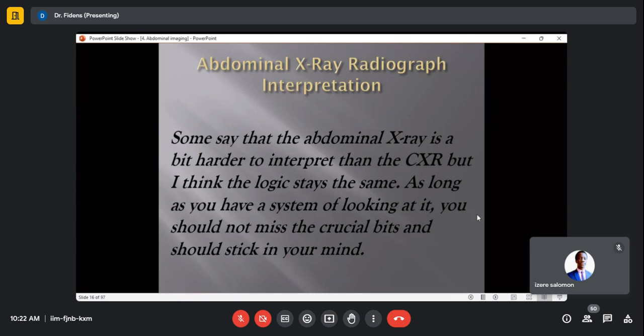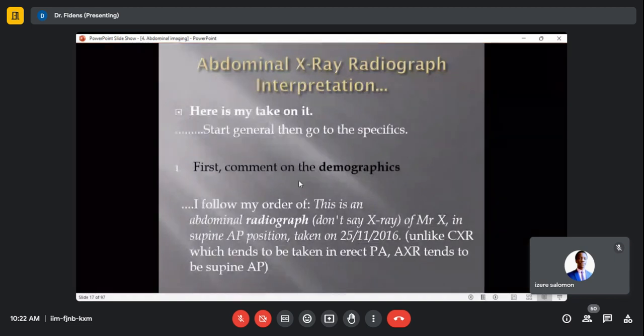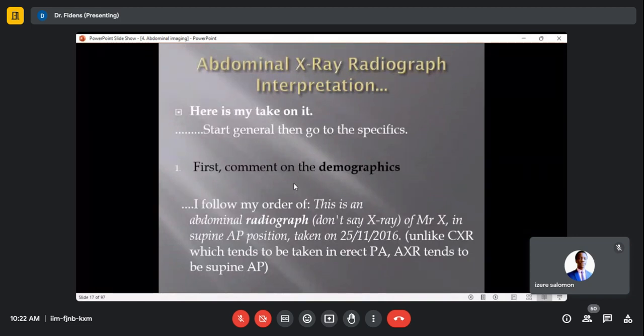So, as I have told you, the first thing is about demographics, the identification of the patient or the film. Please check, identification is the same as for chest radiograph: the name, the age, gender, the date of examination, the time. Remember, you can do many different abdominal X-rays in a day.